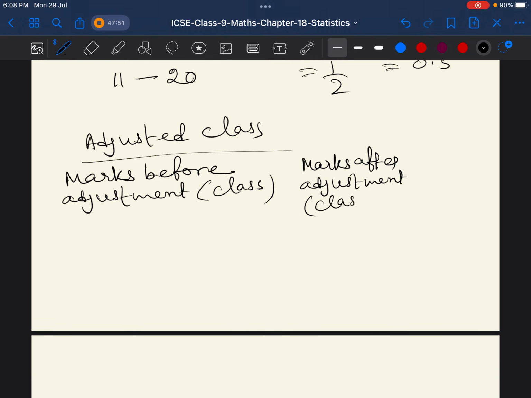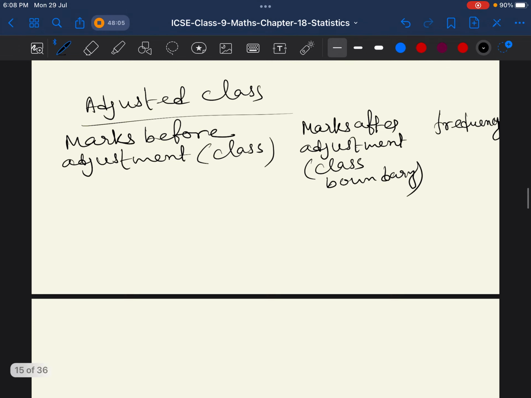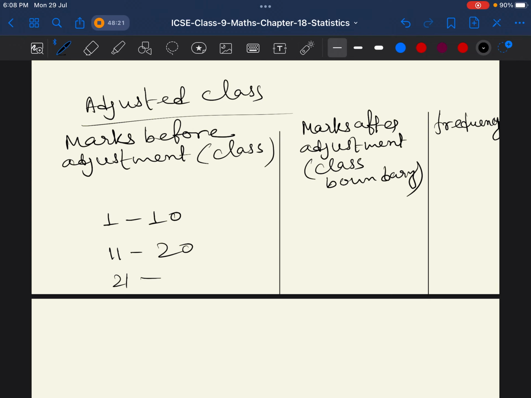This is called class boundary. Then the next column is frequency. In this column 1 to 10 is the class interval, then 11 to 20, then 21 to 30.